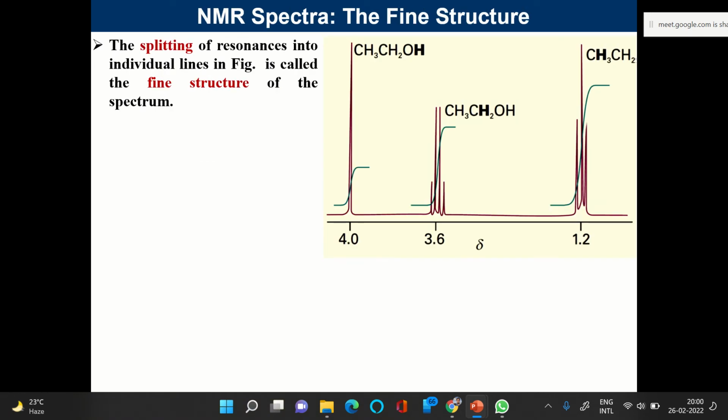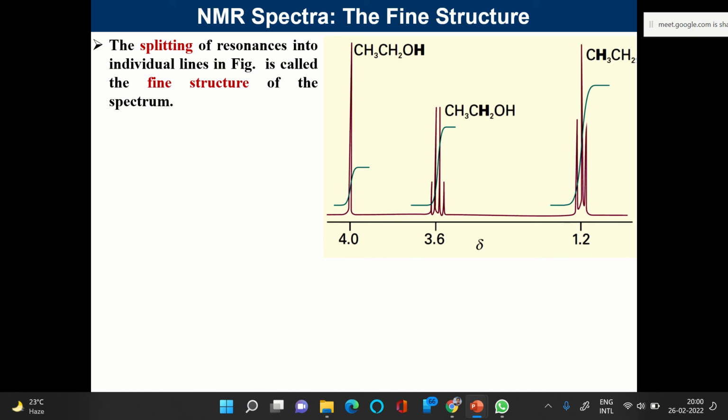Okay, so we started the discussion with the example of the NMR spectrum of methanol. And now, after discussing different points, we are coming back to it because one aspect was not yet explained, that is the splitting pattern, the splitting multiplets that you are observing.